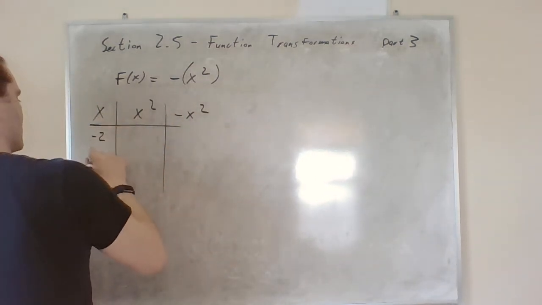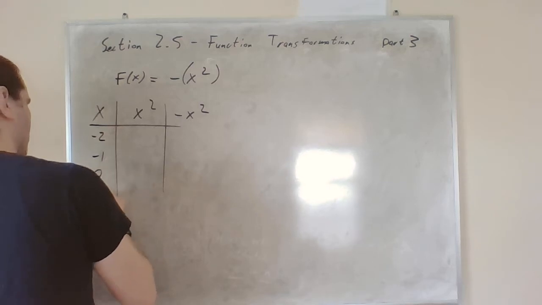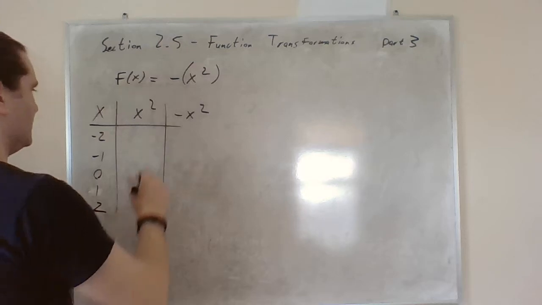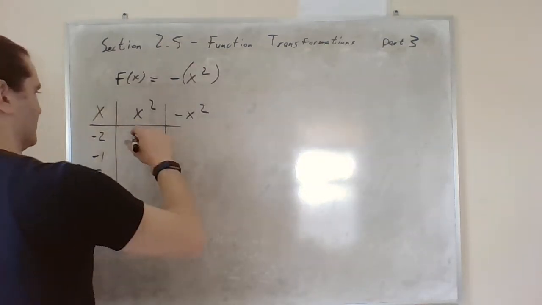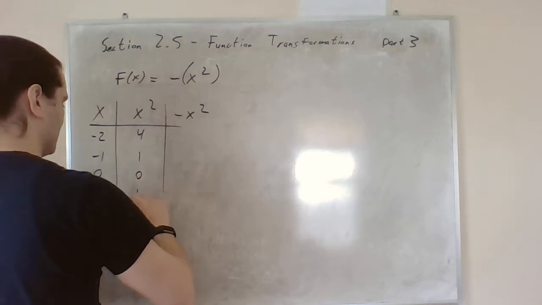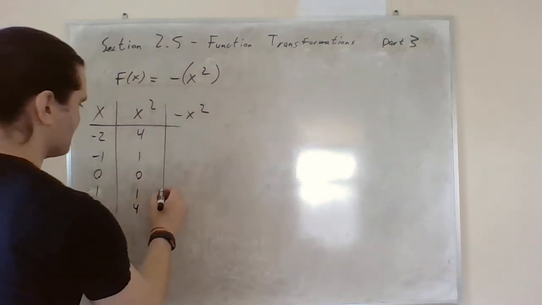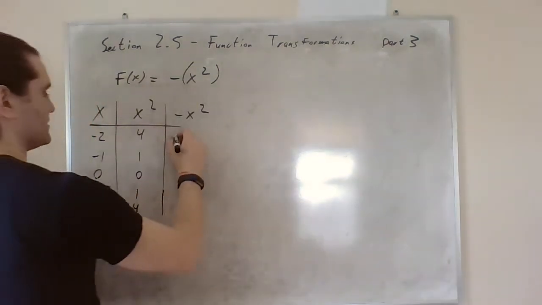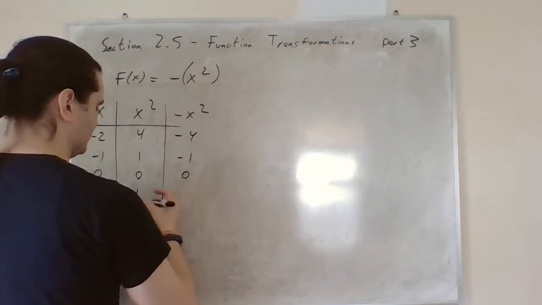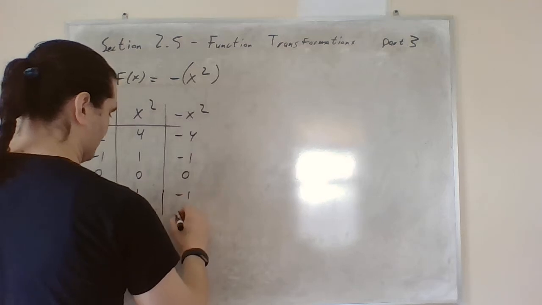So these numbers are going to be my standard set: negative 2, negative 1, 0, 1, and 2. And I'll get the standard spread of outputs: 4, 1, 0, 1, and 4. So all I need to do in this transformation is make them all negative: negative 4, negative 1, negative 0, negative 1, and negative 4.